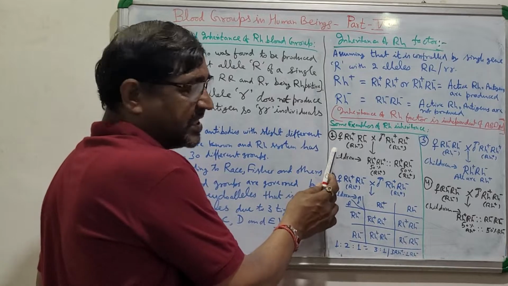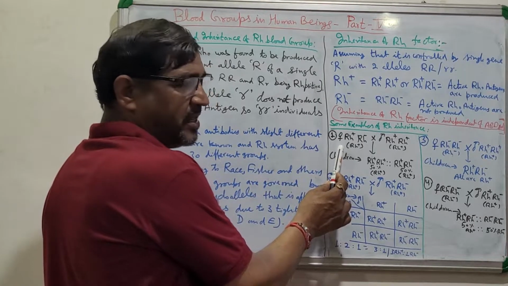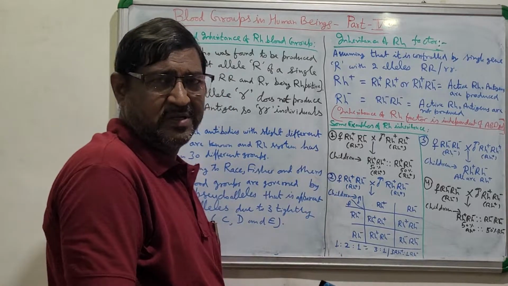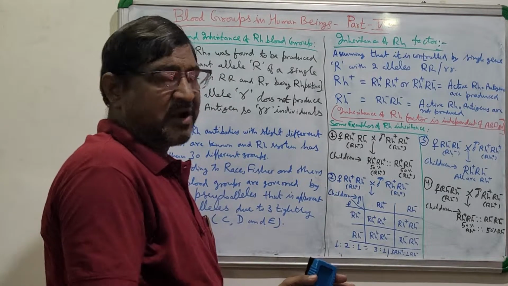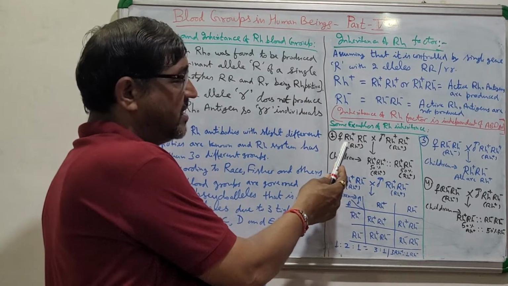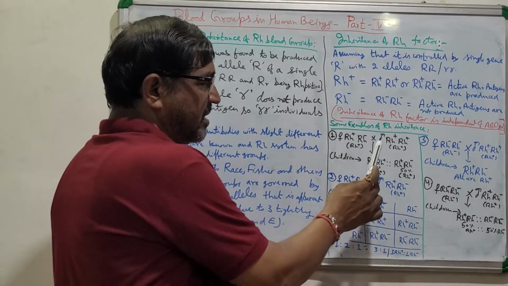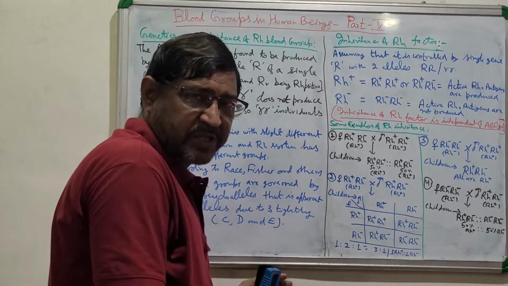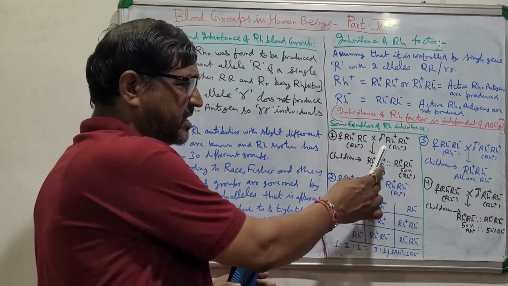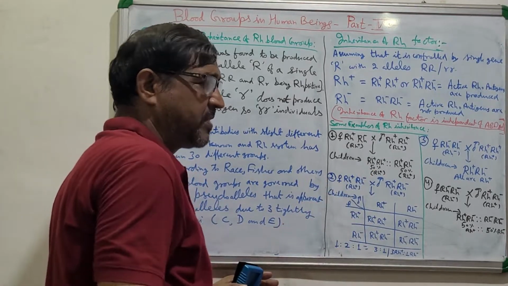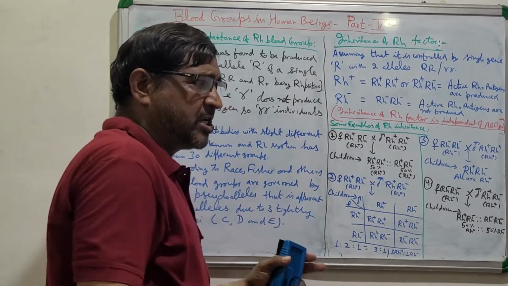Now you see here, in the first case, the female, the mother, is Rh positive, of course in heterozygous condition, the genotype Rh positive, Rh negative. The male is Rh positive, of course in homozygous condition. If you see the genotype Rh positive, Rh positive, what do you expect of the children?